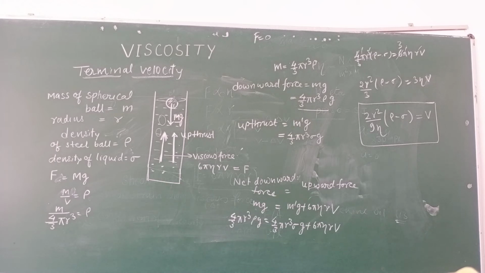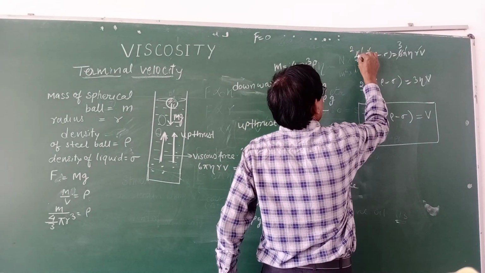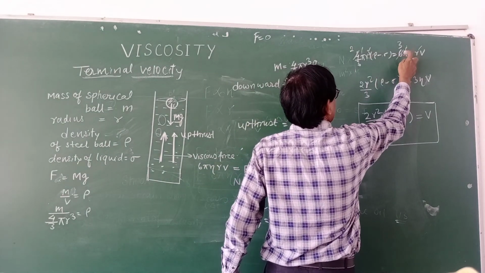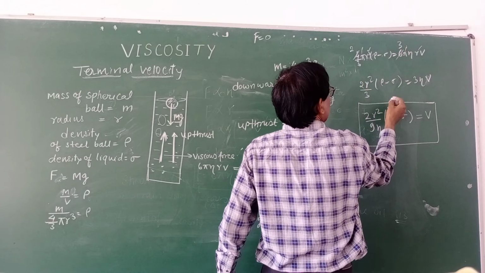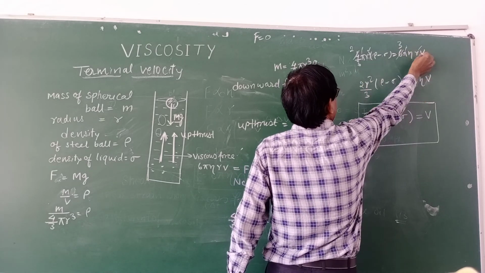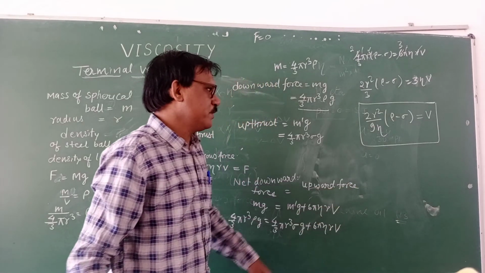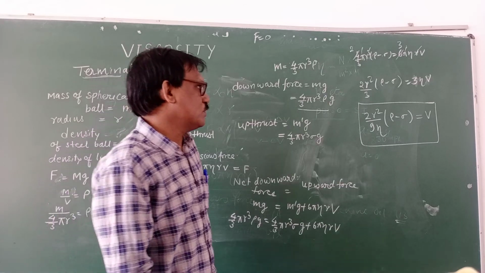The terminal velocity is 2 by 9 r square by eta (rho minus sigma) g. If you write this equation and do the calculation, definitely you will get this 2. 2 2s are 4, 2 3s are 6, so this 3 will come here, and since 1 r is cut, we get 2 by 9 eta (rho minus sigma) into g.